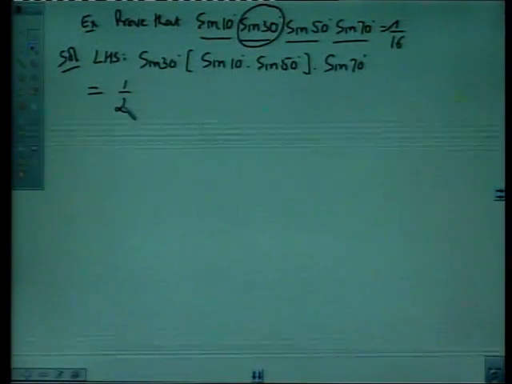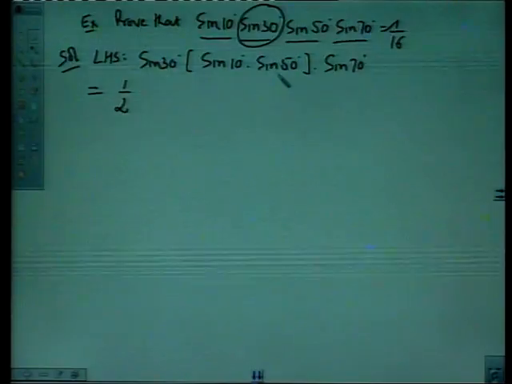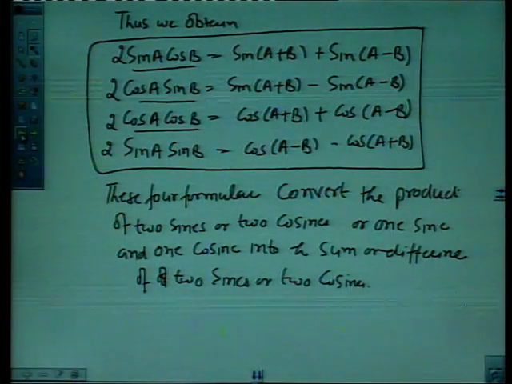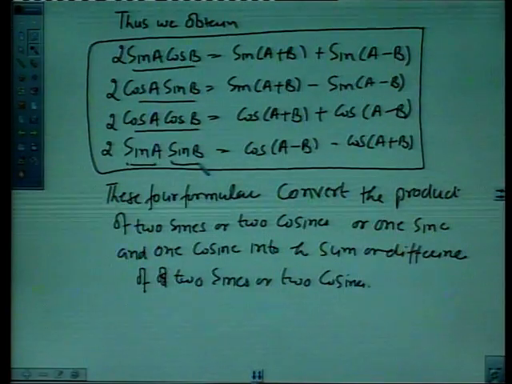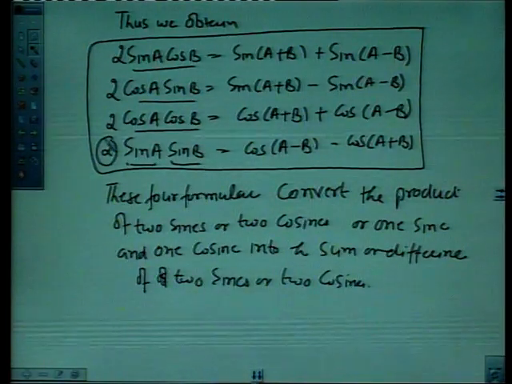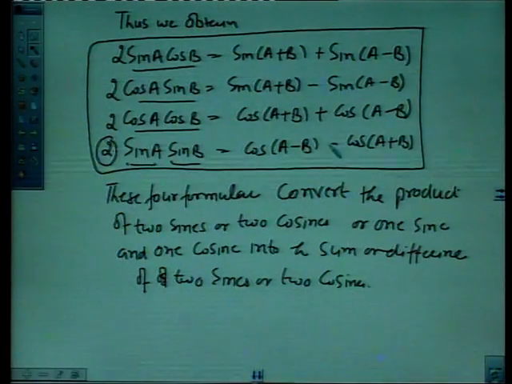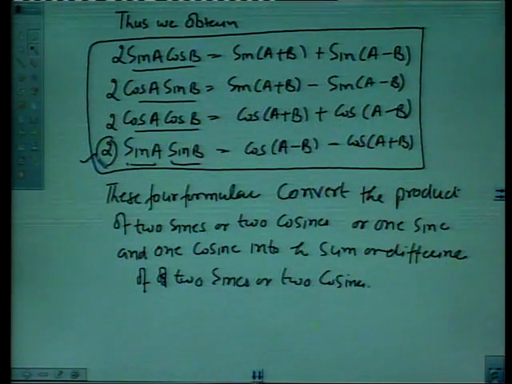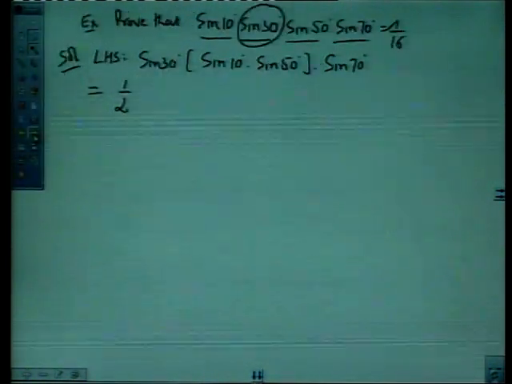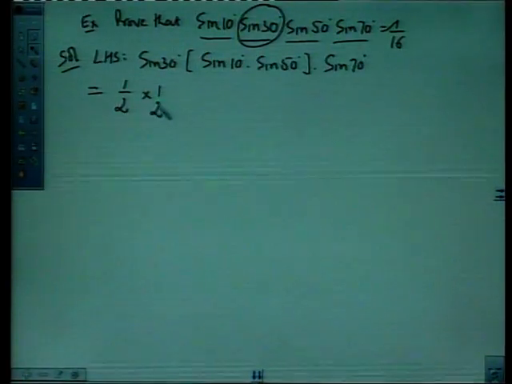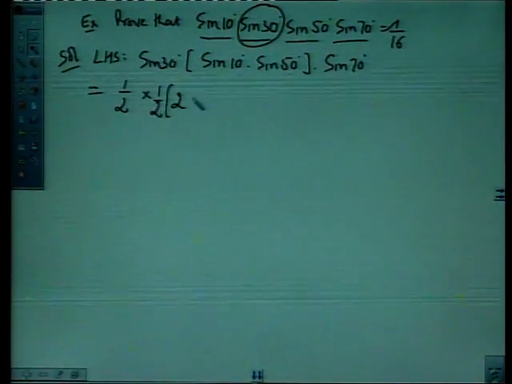So here we have sine A into sine B. The formula is 2 sine A sine B is equal to cos(A minus B) minus cos(A plus B), but we need 2 here. Now we will use this formula. Because we need 2 here, we will multiply and divide by 2 so that the net result remains the same.